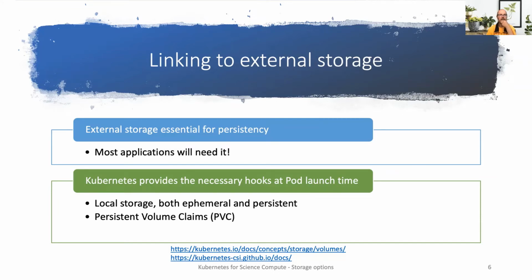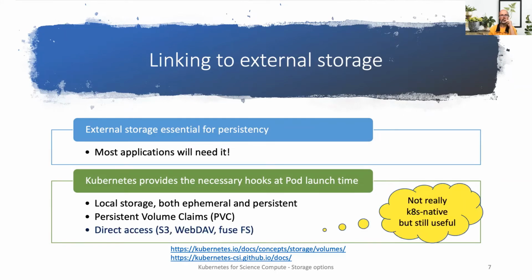And as I mentioned in the beginning, you can either mount local storage or a proper shared file system, and we will go a little bit here on how you do that. Again, a reminder: direct access to any external storage is always an option, but it's not directly managed by Kubernetes.